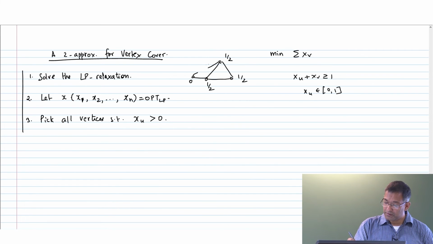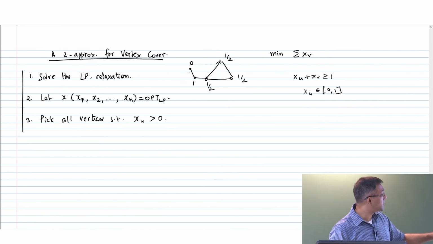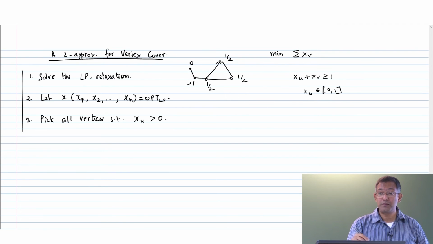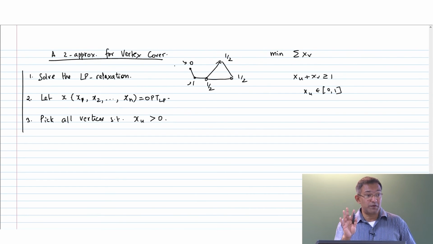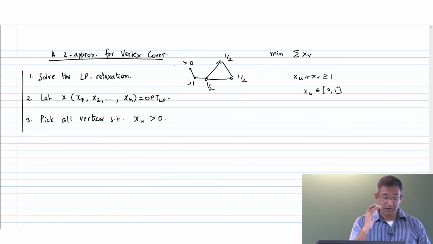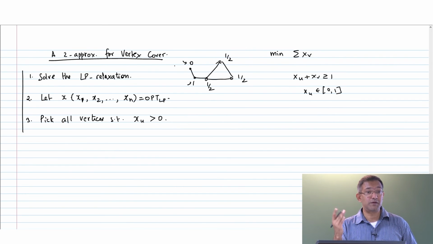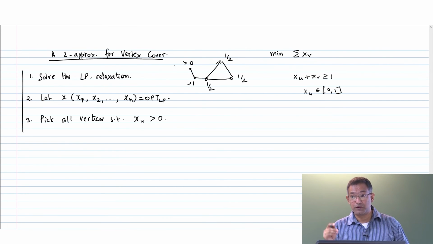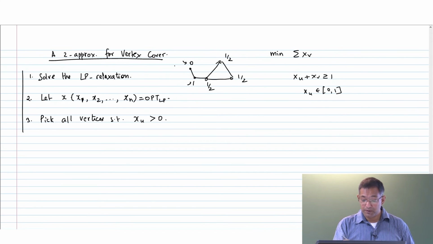But so I should change it. That's 1, and that is 0. Okay. So, I can modify the picture where this vertex has value 1 from the linear program, and this vertex has value 0. Now, this is a feasible solution. I do not know if it is optimal, but let's assume that it is true. Okay. I claim that just picking all the vertices with value that is positive is a feasible solution, and it is a good solution for the problem. Okay.